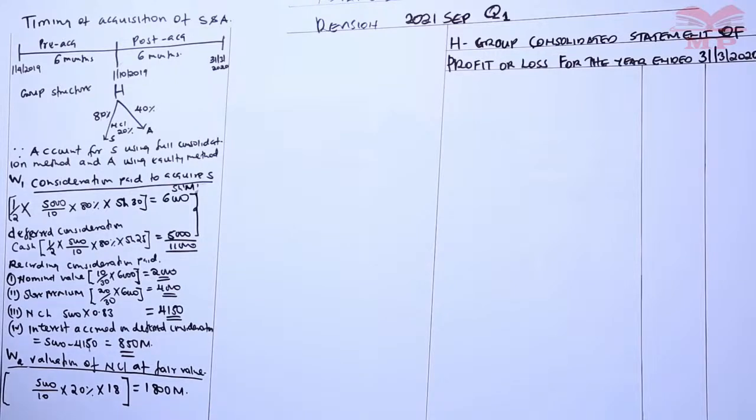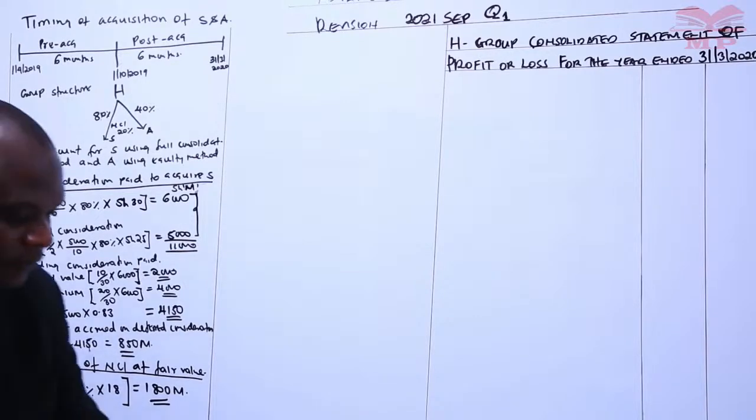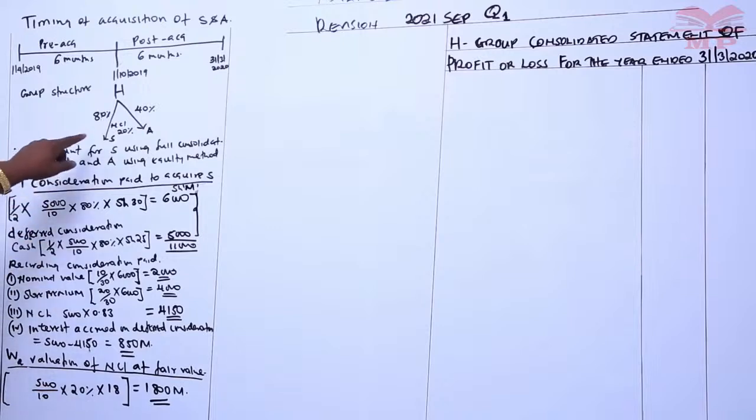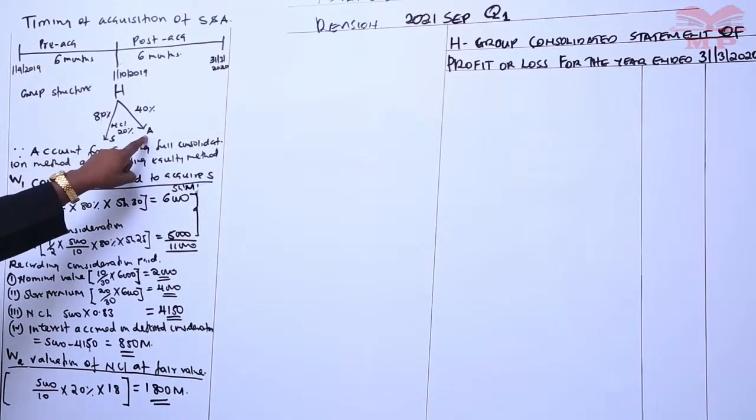So this is the fair value of non-controlling interest that you use when determining the goodwill on acquisition of S. Now let us proceed to determining goodwill on acquisition and investment in associate.